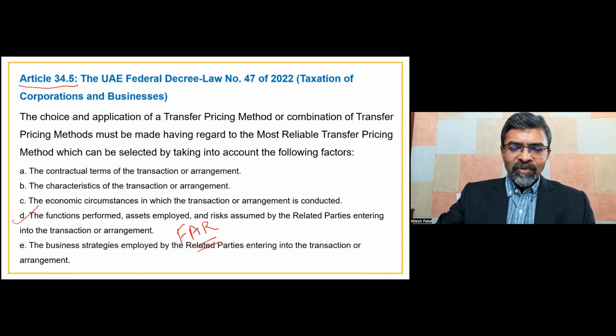The business strategies employed by the related parties entering into the transaction or arrangement. So these factors must be taken into account by us to choose one particular method as the most reliable method to determine the arm's length price of any particular transaction happening between 2 or more related parties.